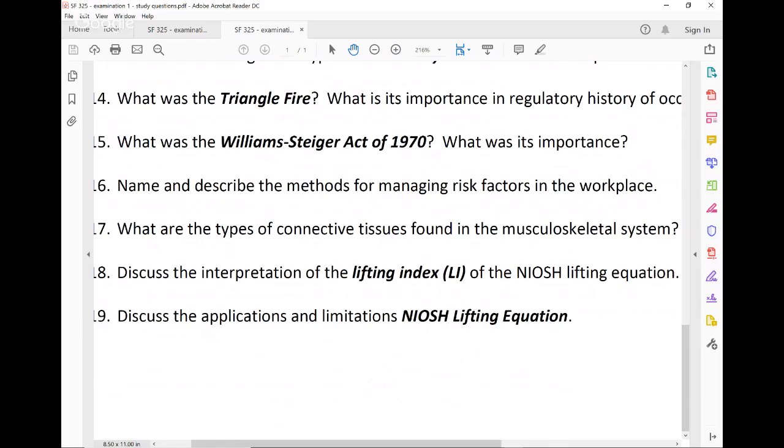And discuss the applications and limitations of the NIOSH lifting equation. So what kind of lift is it for? Okay, so it can be used for a lift that's done repeatedly.